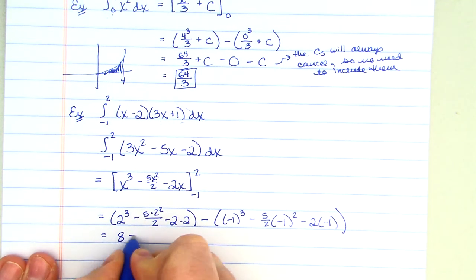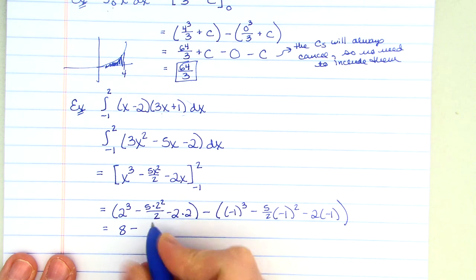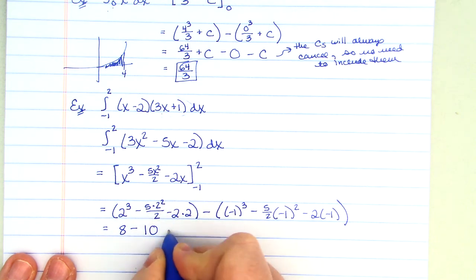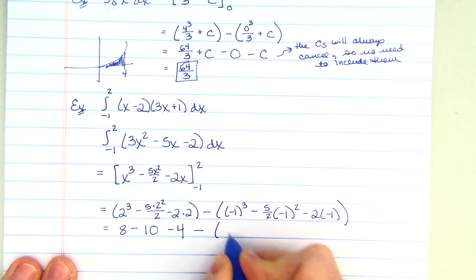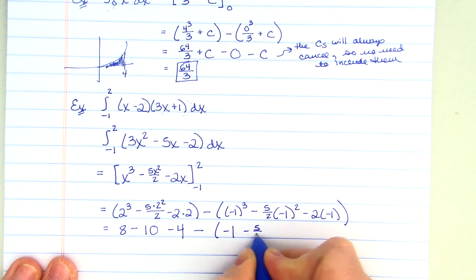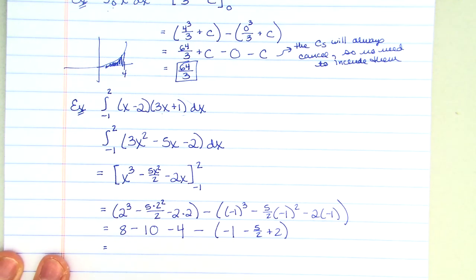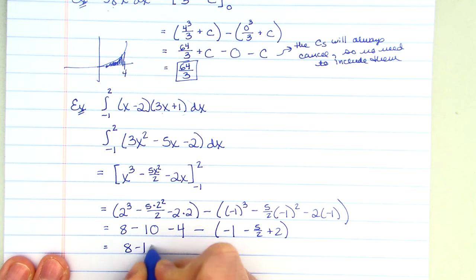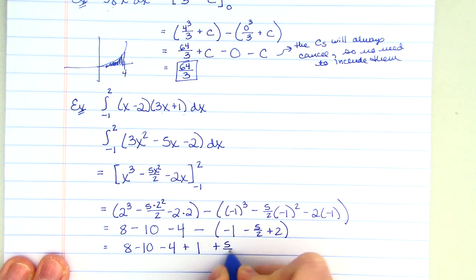Okay, 8 minus 5 times 4, that's 20 over 2. That's minus 10 minus 4 minus -1 cubed is -1 minus 5 halves plus 2. Well, let's see. 8 minus 10 minus 4. I guess I could have done that, but I didn't. Whatever.